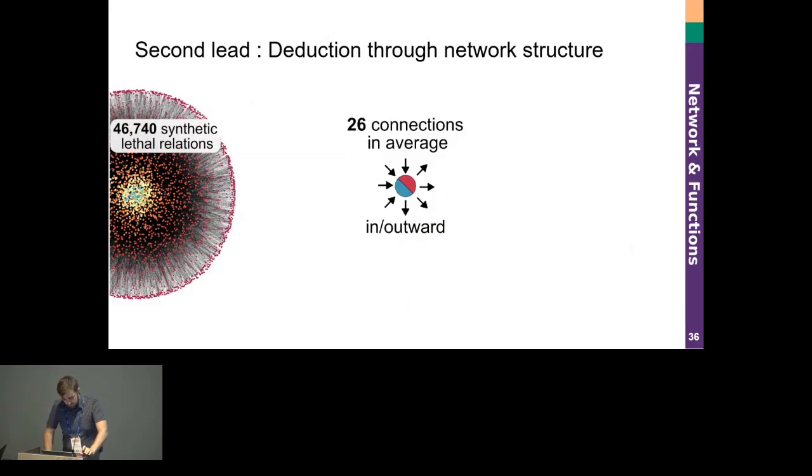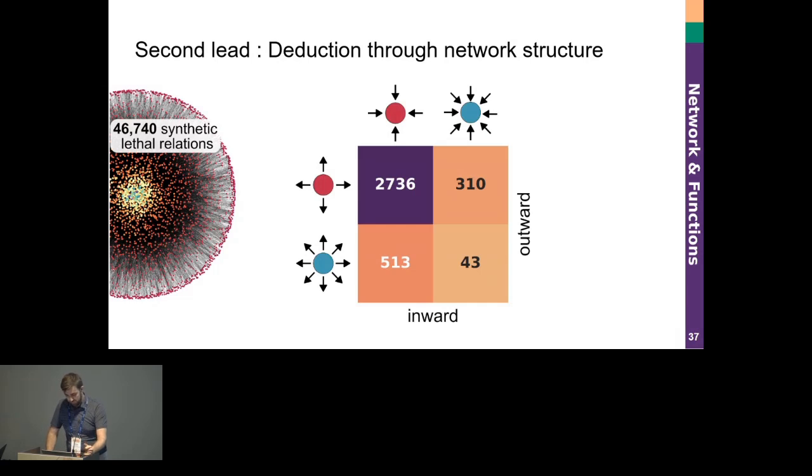We also observe a large number of highly connected genes. On average, each gene has 26 interactions, regardless of the direction, but many genes exceed this. In this heat map, the blue nodes represent genes with above average connectivity, and the red nodes indicate below average connectivity.